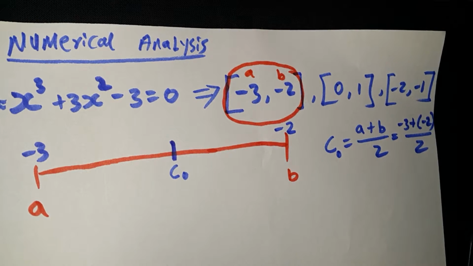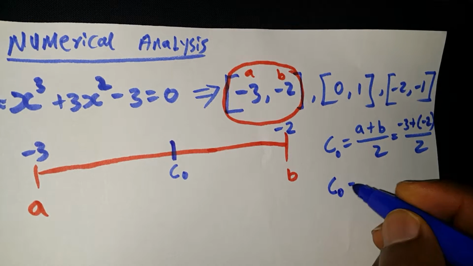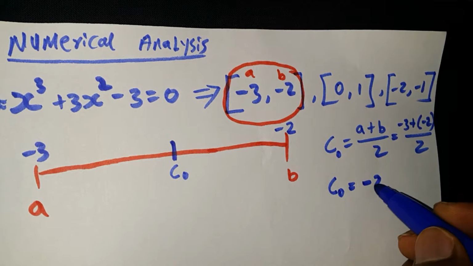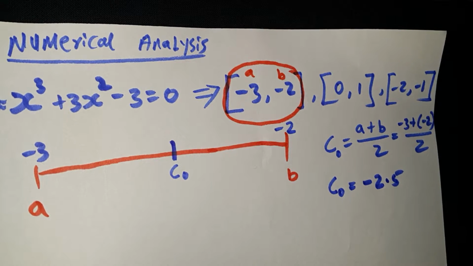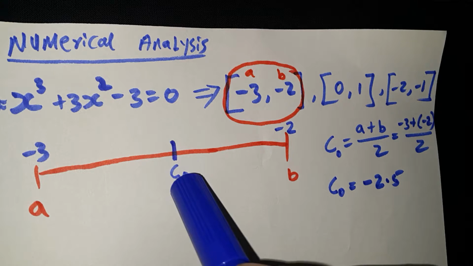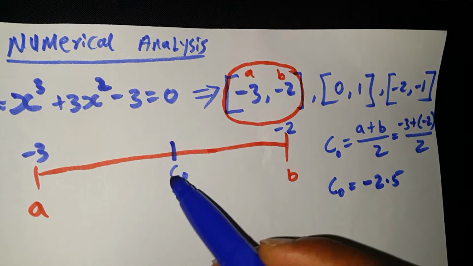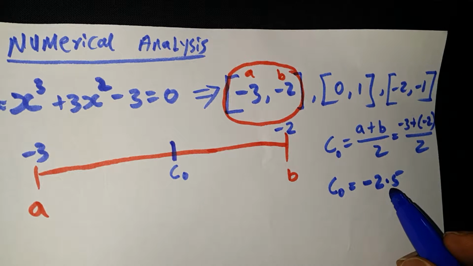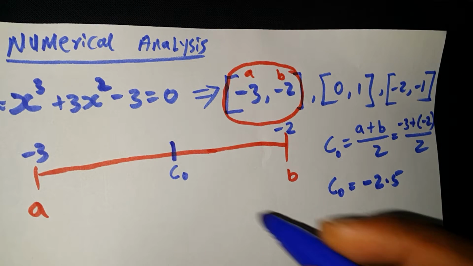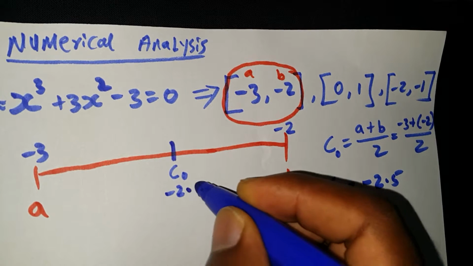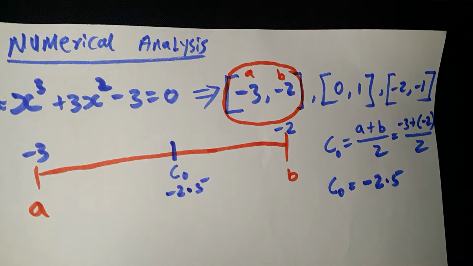Solving for this, -3 plus -2 all over 2. Here, our C is equal to -2.5. Now we know our midpoint.